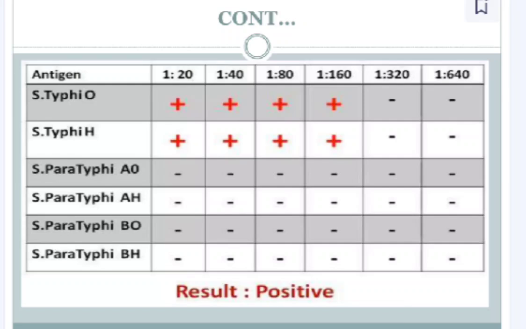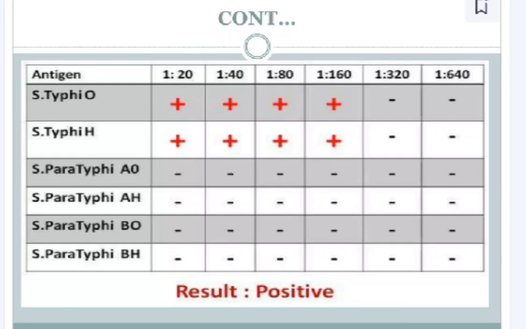In this report, on the left side there is a column representing the antigens of the Salmonella typhi, and on the upper side there is a row showing different titer values as 1:20, 1:40, 1:80, 1:160, 1:320, 1:640.